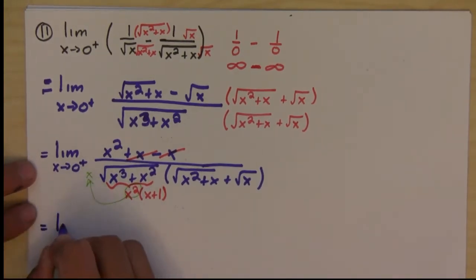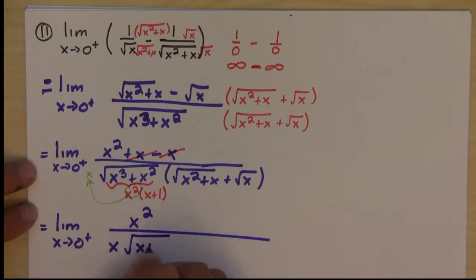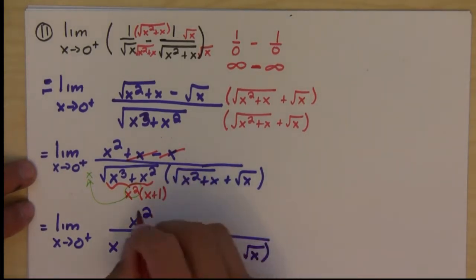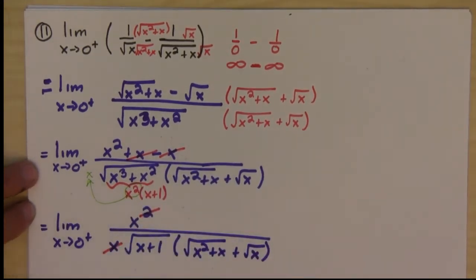And if I do that, let's see what happens. I'm going to have x squared over x square root of x plus 1 times the square root of x squared plus x plus square root of x. And so one of these is going to cancel with this one.